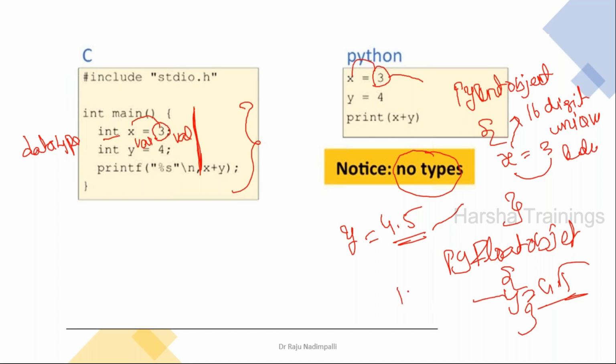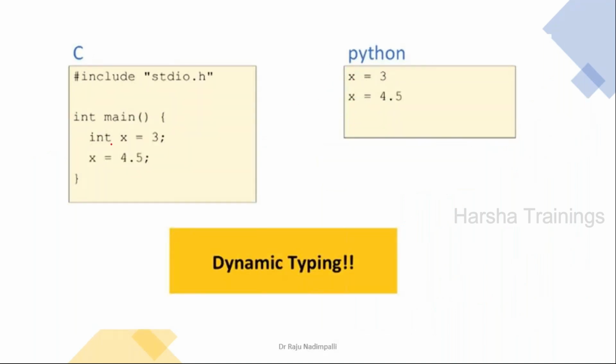Here also it is going to create a 16-digit unique identifier for every variable which we have created. So no need to specify the data types. Most of the students will be in trouble about how to declare a data type, even though they are good at programming. It will be done directly by the machine itself. Now, look at here. I have already discussed it. Dynamic typing. Python supports dynamic typing.